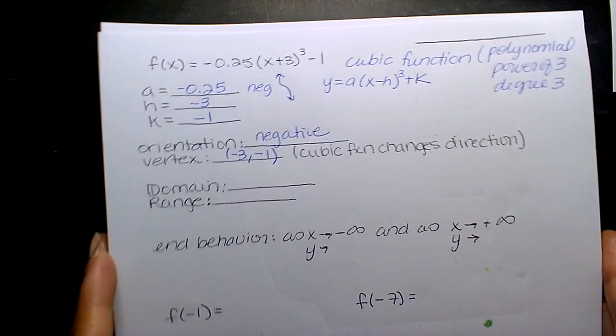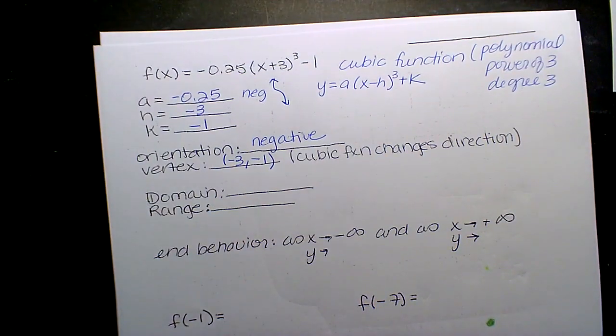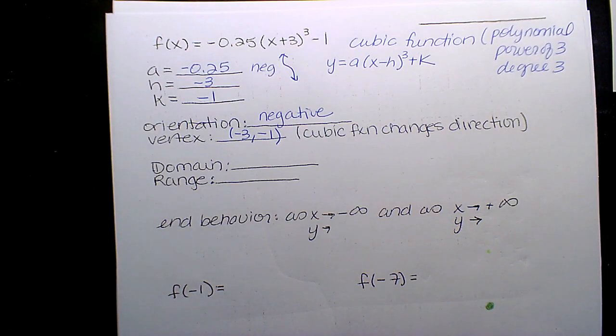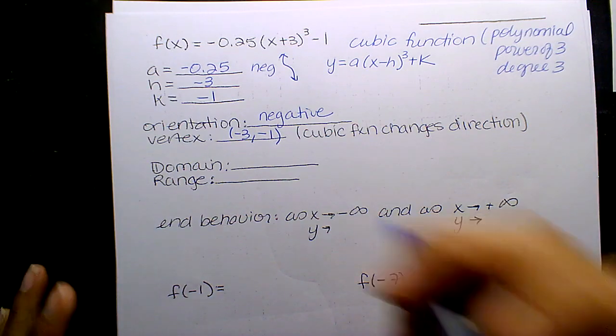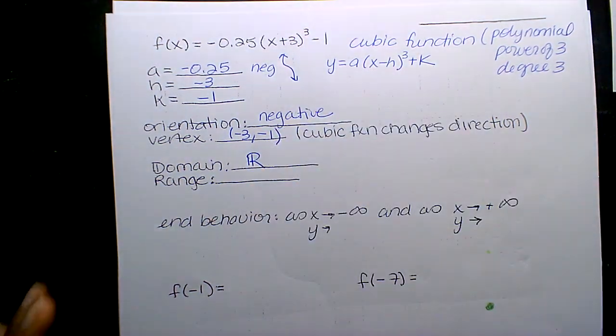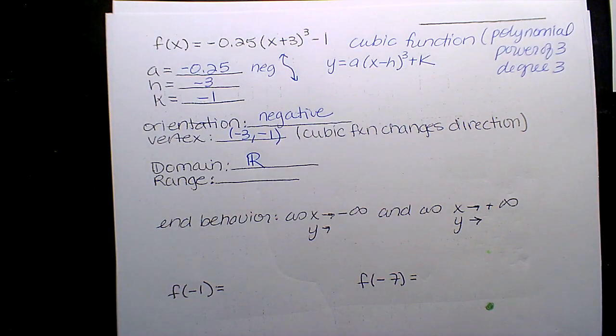So if you're looking at domain and range, what do you think my domain is for this cubic function? If it has arrowheads, what is it? Yeah, infinities. So this is just going to be all reals. What's my range?